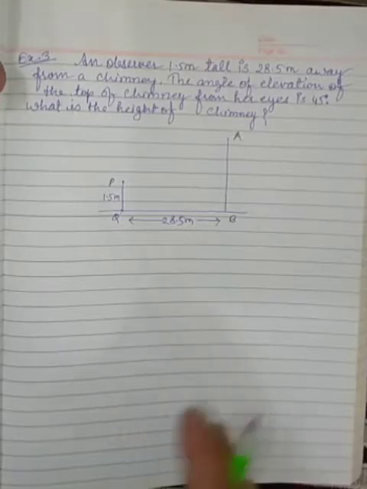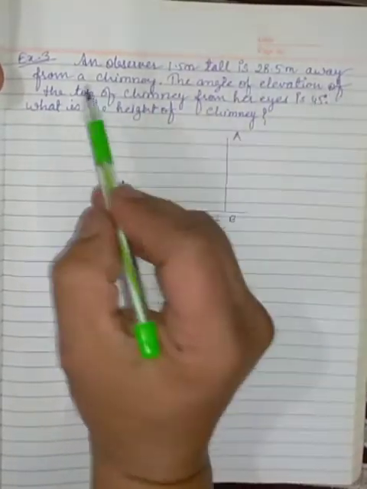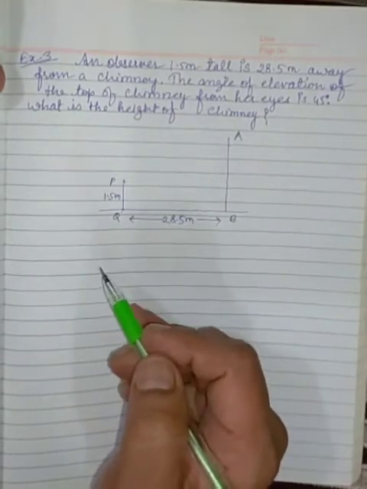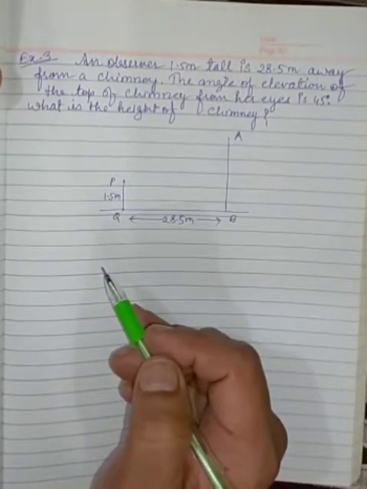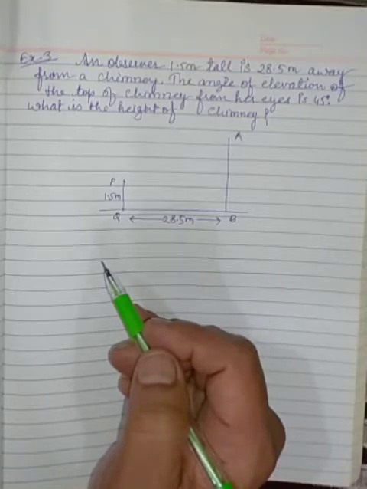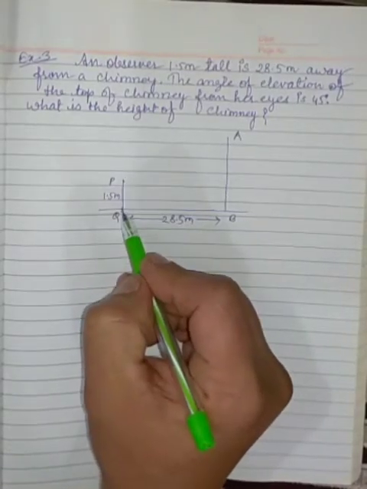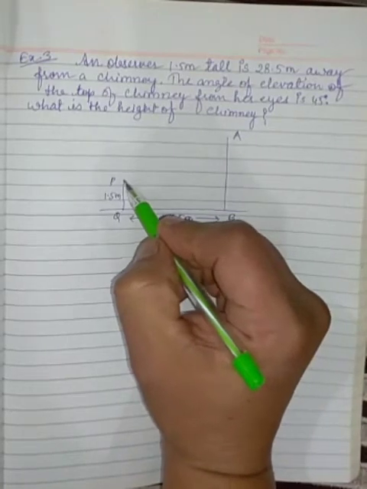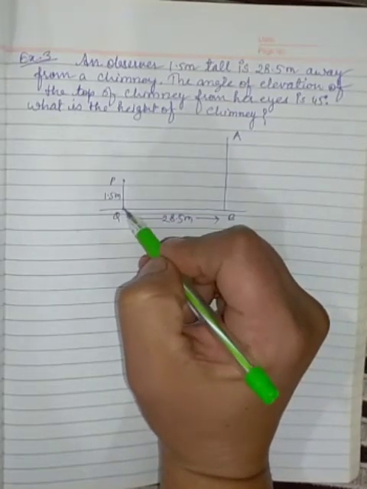Now we are given that the angle of elevation of the top of chimney from her eyes is 45 degree. So I have explained you through the videos that when the observer's height is given, in that case the angle of elevation will be formed from the top of the observer.